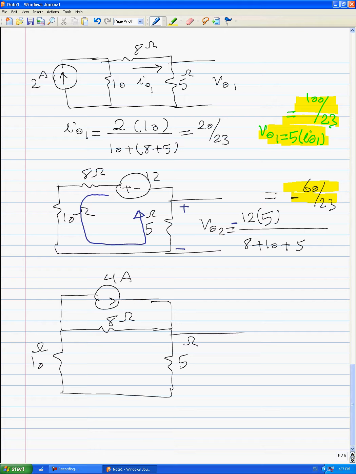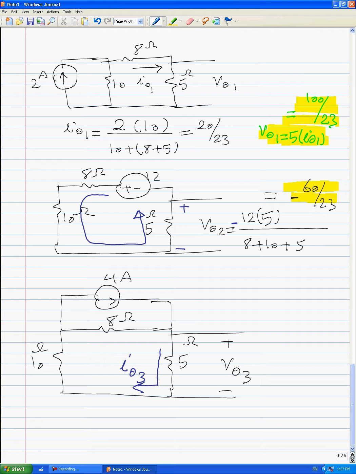We want to find V O3. In order to find V O3, we should find this current, which we call I O3.